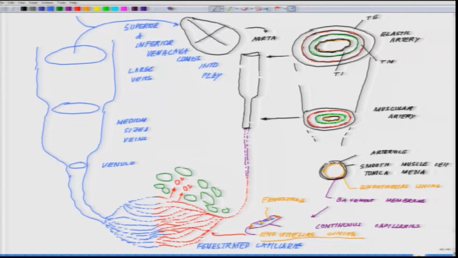And very interestingly, these structures have one-way valves. Because the pressure with which the blood is being pumped here, we'll come to this, is maximum pressure.